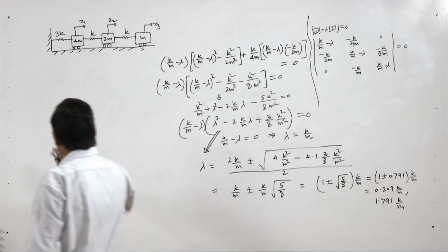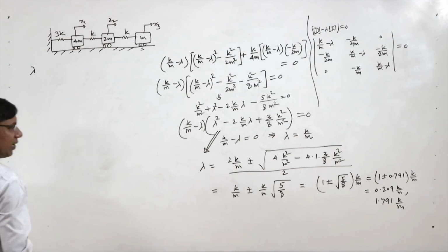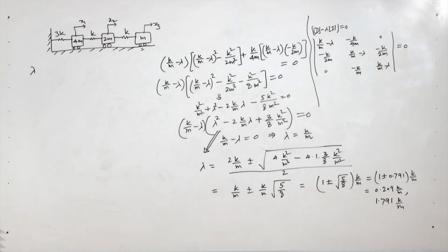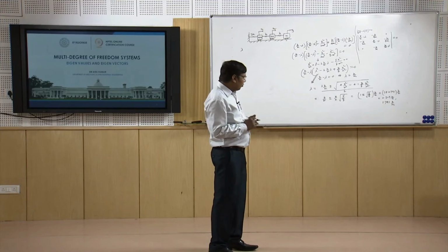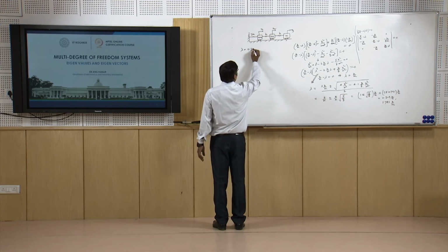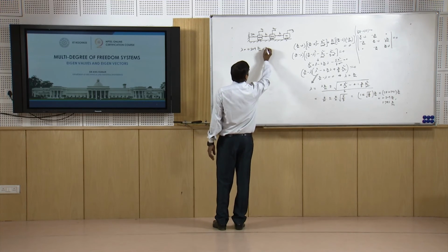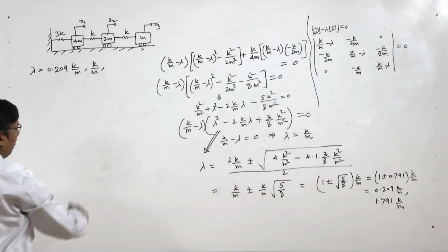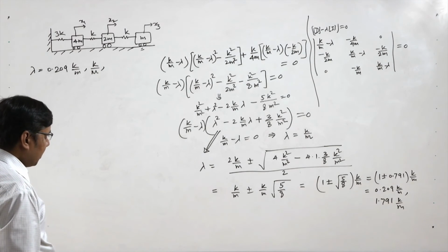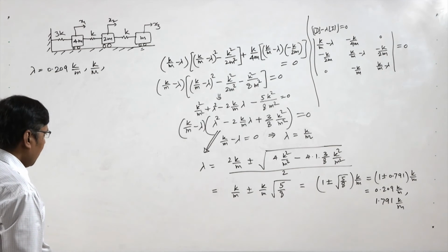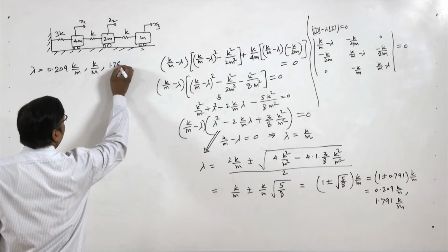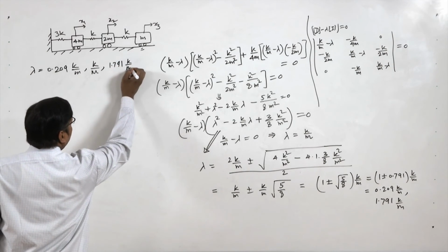So finally our eigenvalues, lambda, we write in terms of lower to higher values. So the lowest value is 0.209 k by m. Then we have k by m, and then we have the last one, 1.791 k by m.